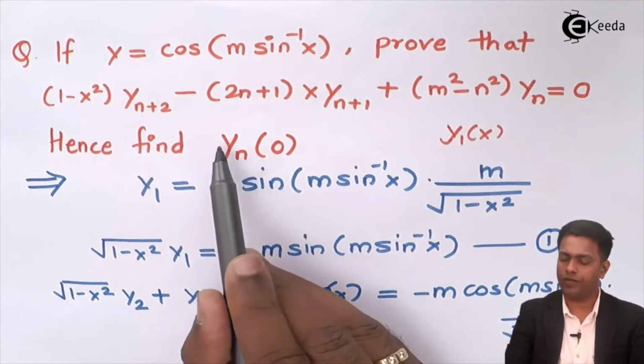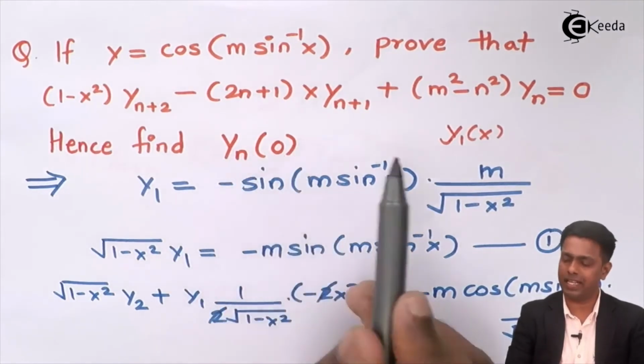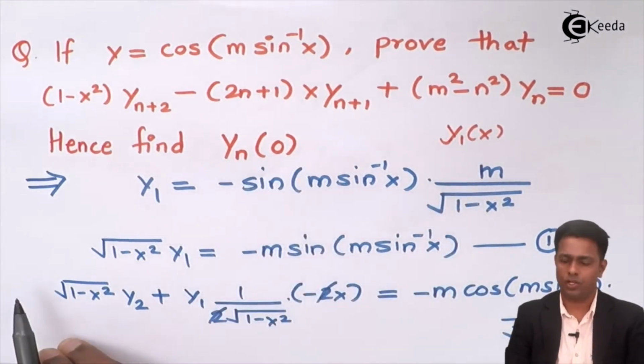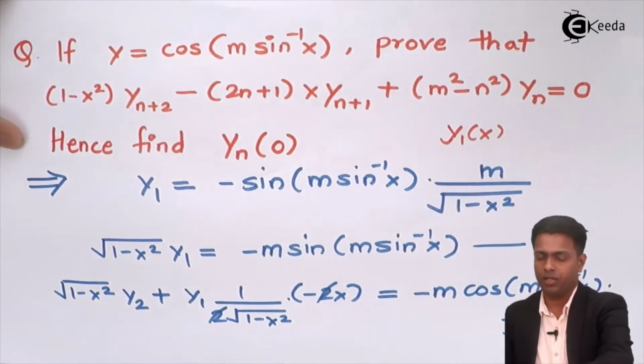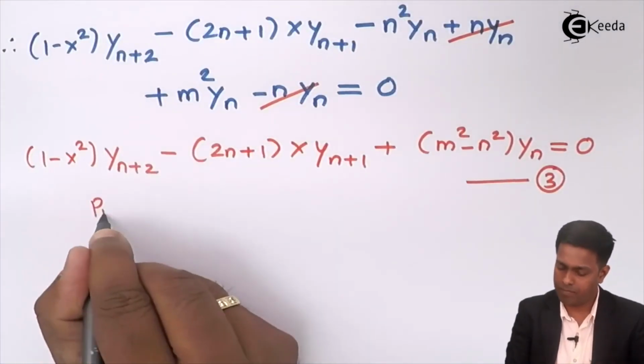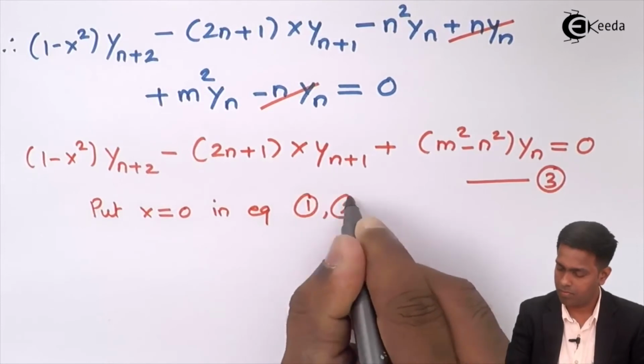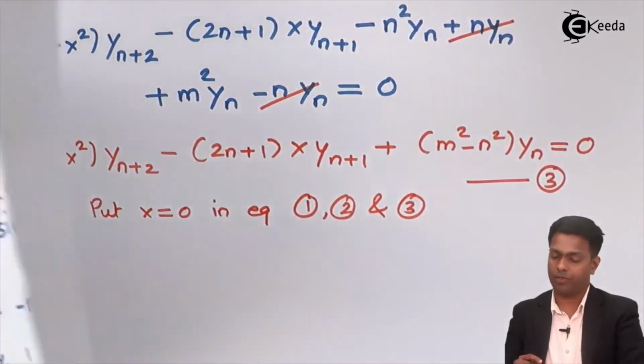Now since we want the value of yn of 0, it means x is treated as 0. So in equation number 1, 2 and 3, I will substitute x as 0. So this is equation number 1.